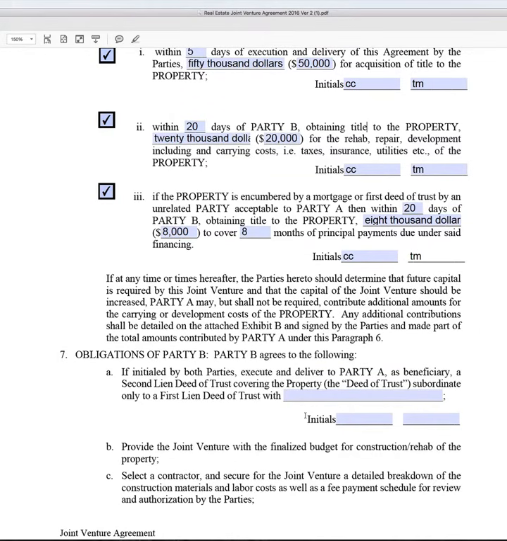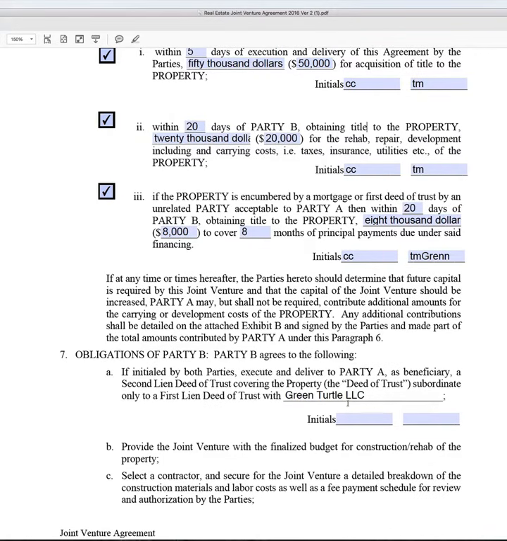So let's assume that Green Turtle LLC has the first position deed of trust on the property. That's the private money that the investor used, Party B used, and you're the gap funder. So we put in here Green Turtle LLC.